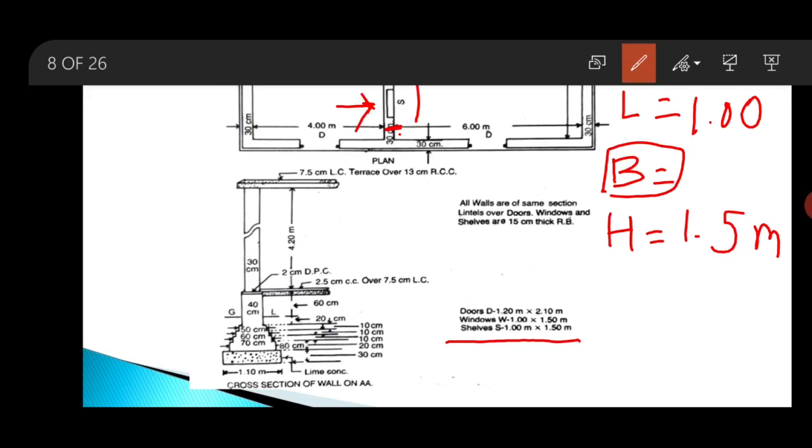Here you can see there is a 10 centimeter thick brickwork present at the back side of the shelf. So the width of the opening will be equal to 0.2 meter instead of 0.3 meter. Clear? So the dimensions of the openings are over. Then we will move to our details of measurement form.